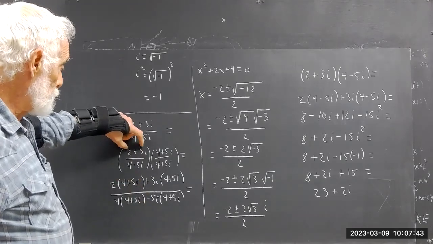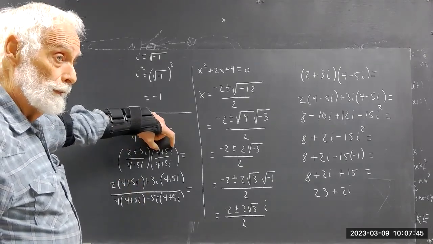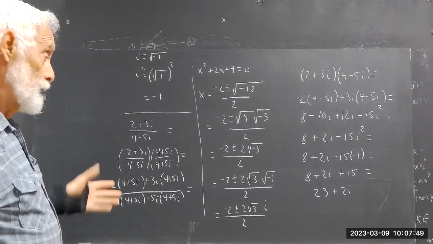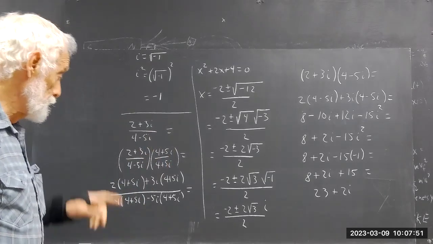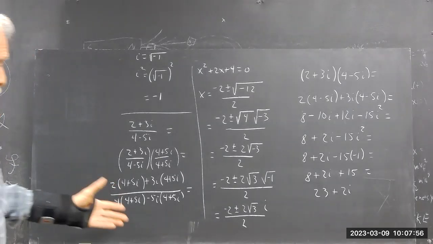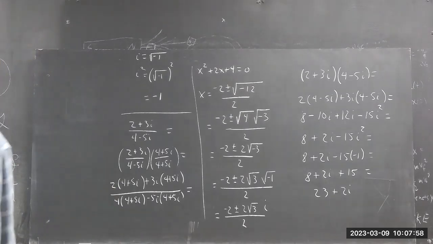We're multiplying 2 plus 3i times 4 plus 5i. I kind of skipped a step there, and I'm thinking maybe I shouldn't have, but then we should write out that step. Then we continue. Okay.